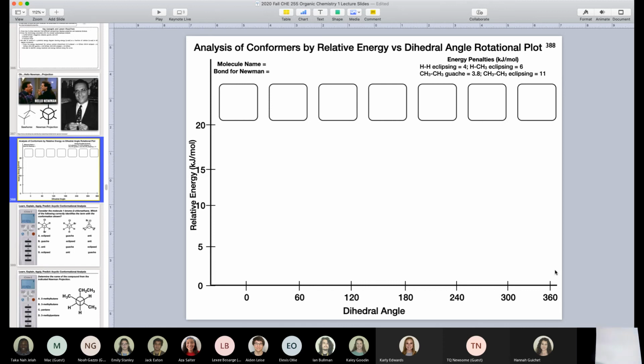So Hannah asked about a specific molecule here. Can you show 3-ethyl-2,2,4,4-tetramethylpentane? This is a nice skill to develop. How would I go about doing this? First, I would draw pentane: 1, 2, 3, 4, 5. And I might throw some numbers in there to help me out. There's our pentane. 3-ethyl, so 1, 2, 3.